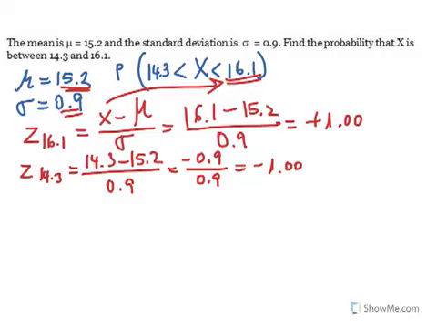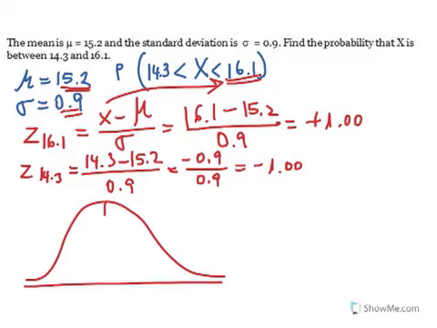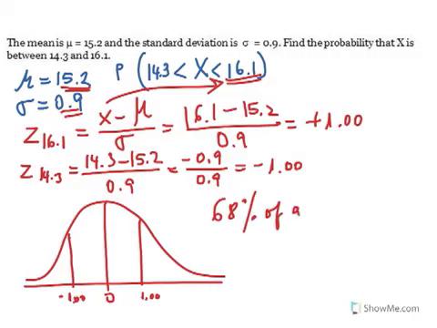Okay, so this is kind of intuitive for you now to understand that these two values fall right here, between 1 standard deviation or 1z and minus 1z, or 1 standard deviation below the mean. So we already know from the empirical rule that 68% of all cases fall between plus minus 1 standard deviation or 1z. So this is plus 1, minus 1.